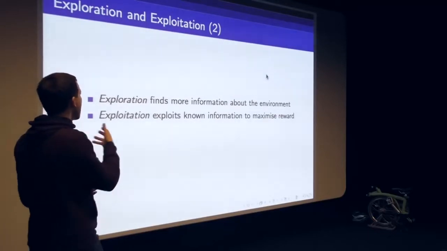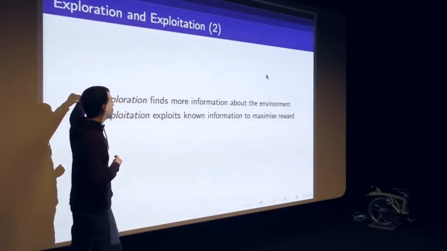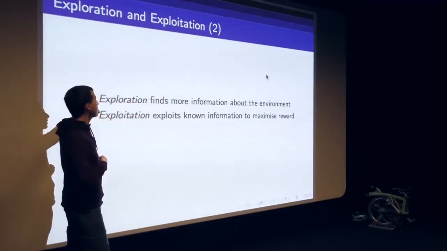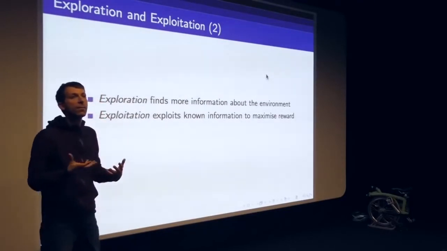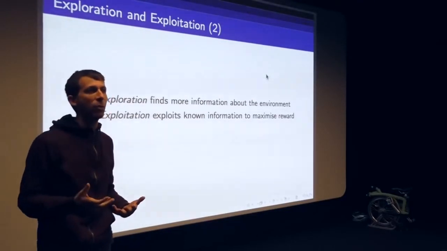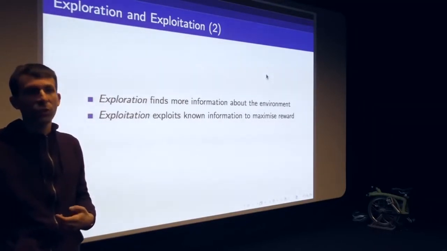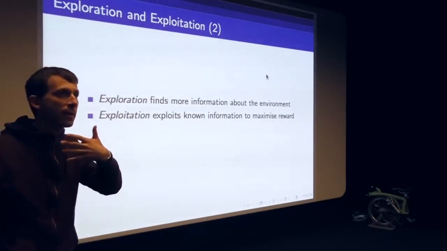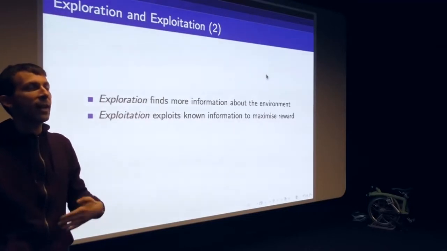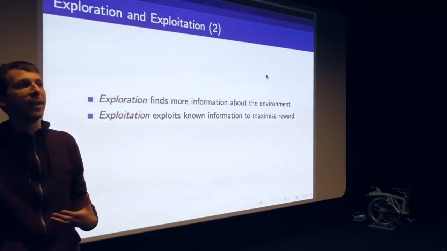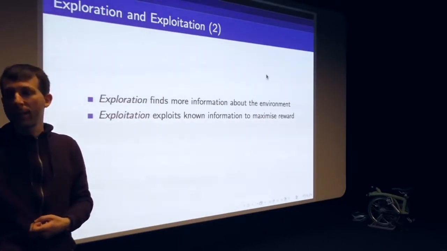So we've got this balance. Exploration means finding out more about the environment. Exploitation means exploiting the information you've already found to maximize your reward. It's the exploration-exploitation trade-off. It's universal to reinforcement learning and kind of special to reinforcement learning. It doesn't come up elsewhere in machine learning.